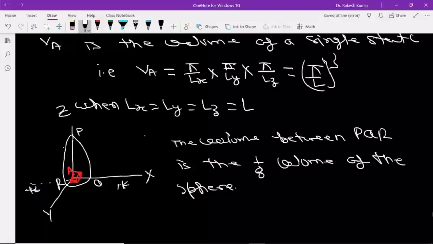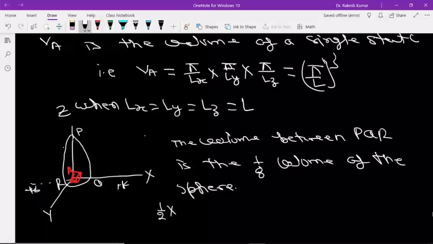So if we take the whole volume of this k space, this will give us 8 times more number of density states. So we have to divide the whole volume by 8, because there are 2 states in each direction. In x direction we have to divide by half, so that we take only one value from plus k and minus k.